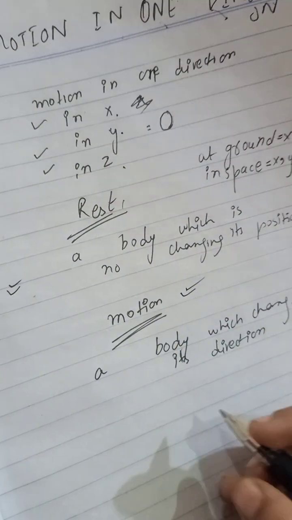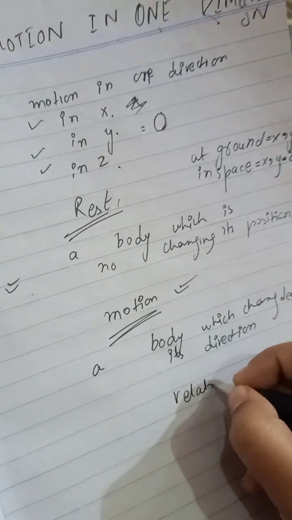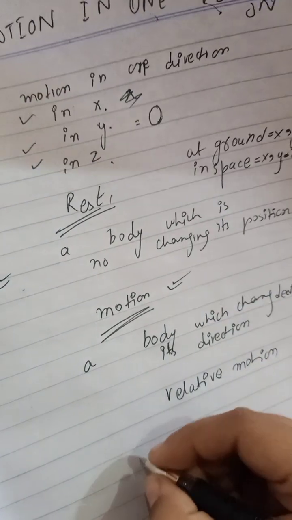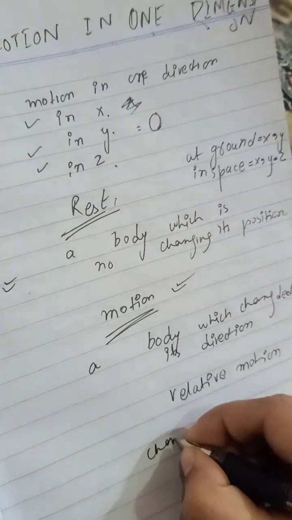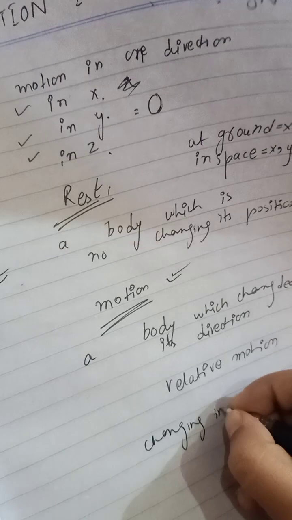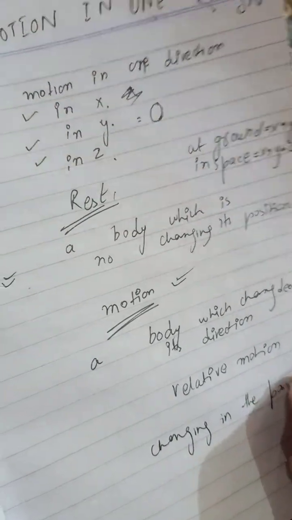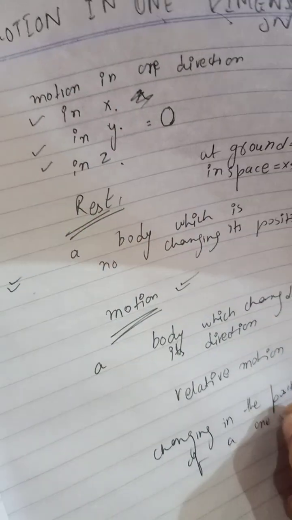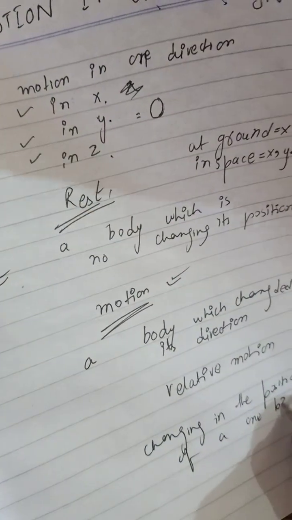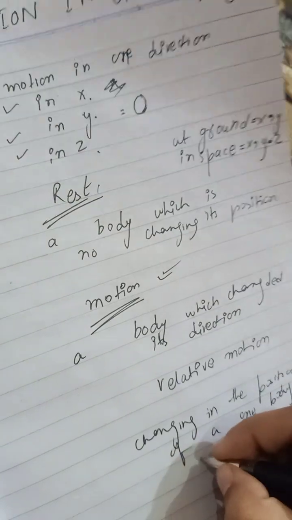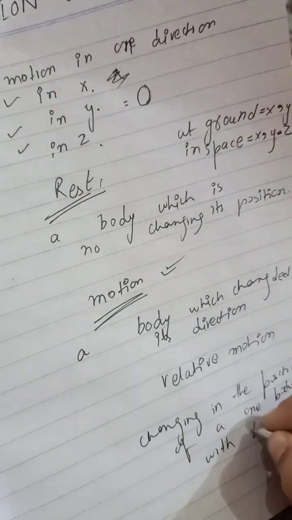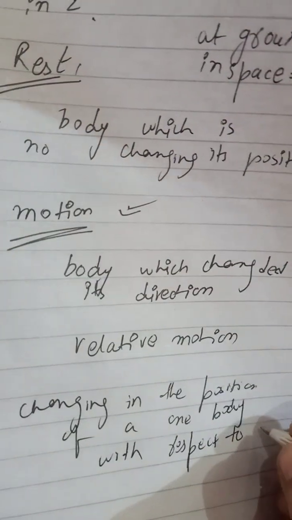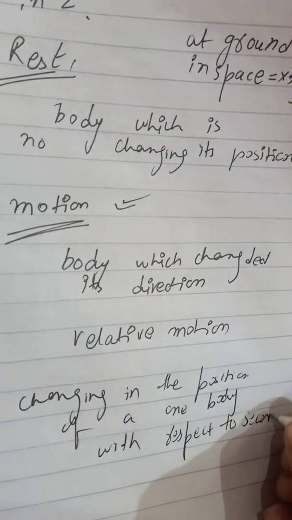If we are talking about relative motion, it means the change in position of one body with respect to a second body.